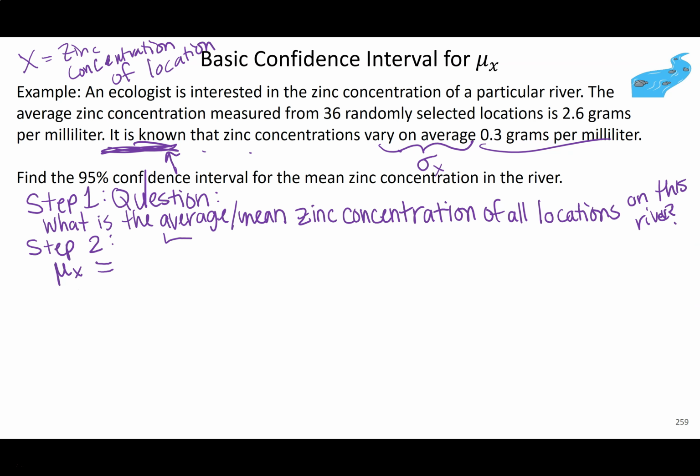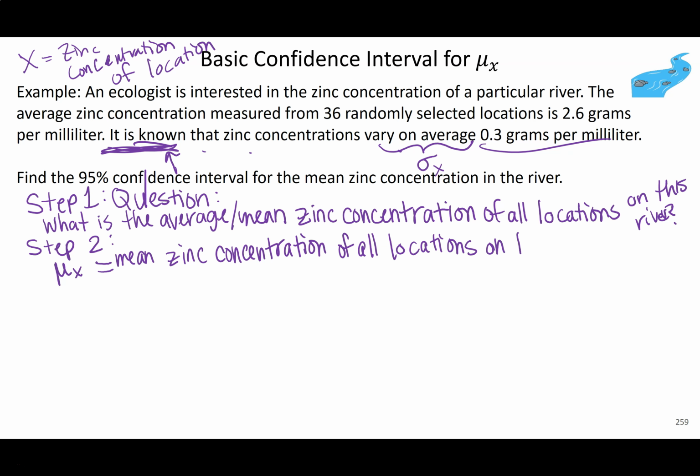If you word this right, pretty much everything after the "what is" is my parameter of interest. So what is the average zinc concentration? I'll write: mean zinc concentration of all locations on this river.